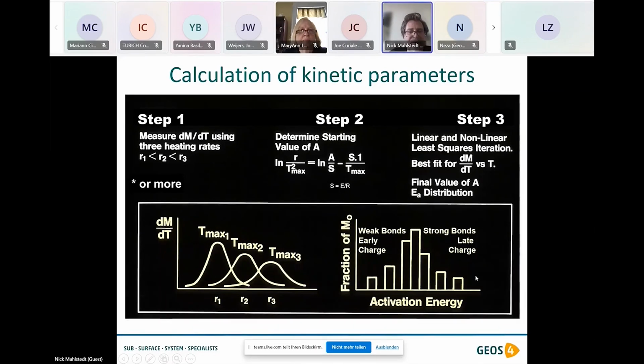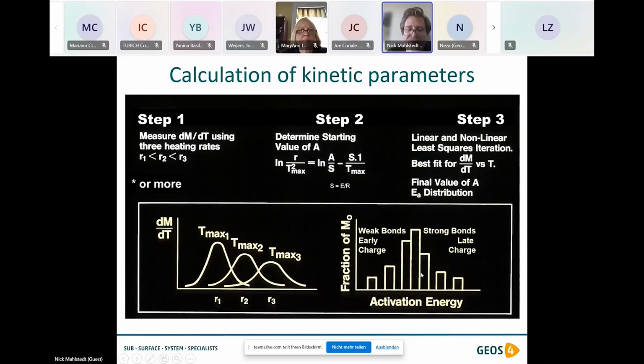So at least 3 recorded generation rates, or three heating rates, serve as input parameters to define the starting value of the frequency factor A, by solving this famous Kissinger equation. And by using further nonlinear regression methods, we can optimize the model to fit the measured heating rate generation rate curves, to reach a final value of the frequency factor and an energy distribution.